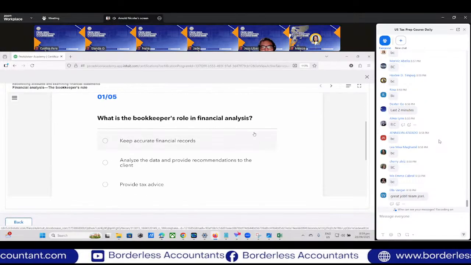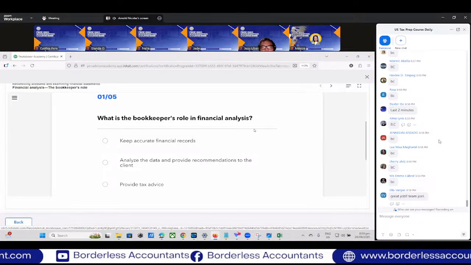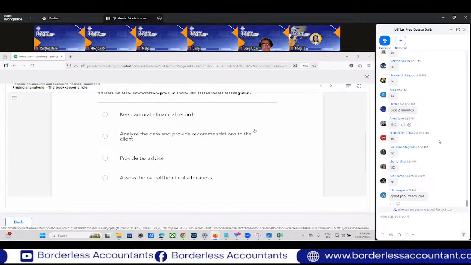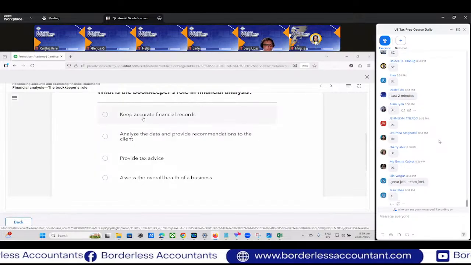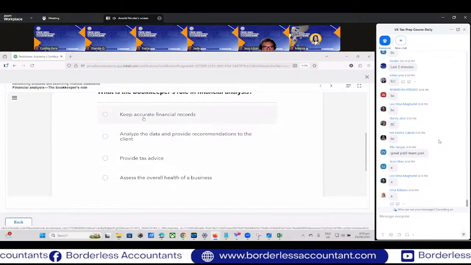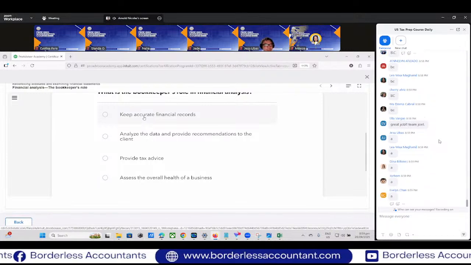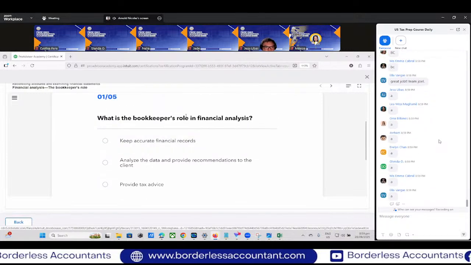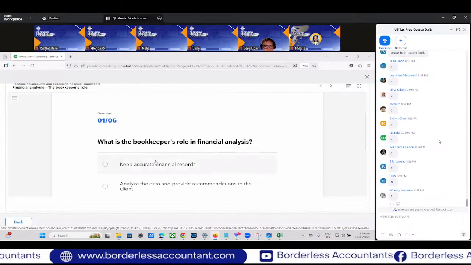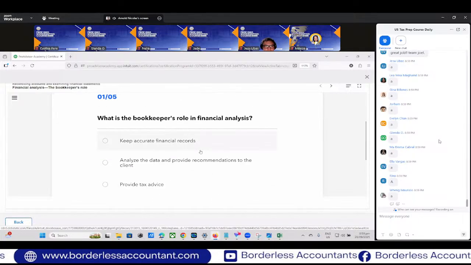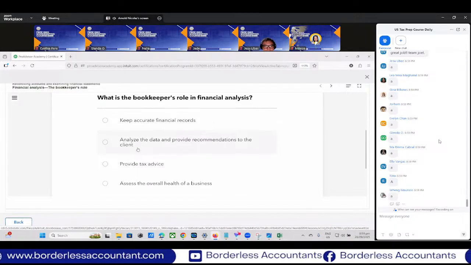Question number 1. What is the bookkeeper's role in financial analysis? First one is bookkeeper's role. Analyze, that's an accountant.